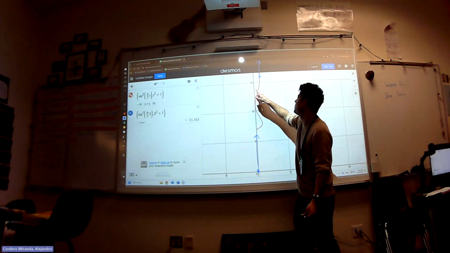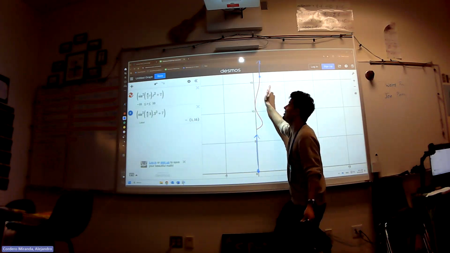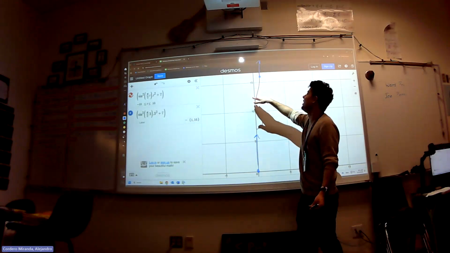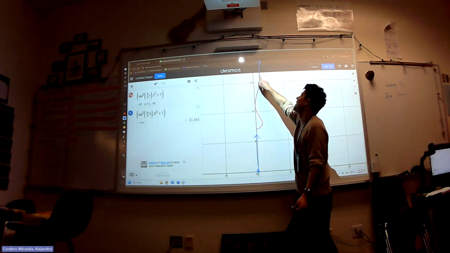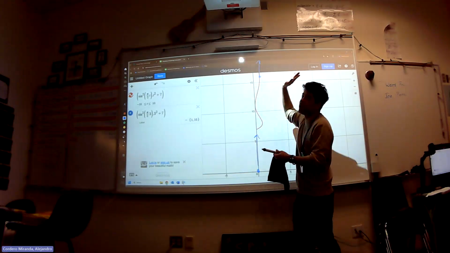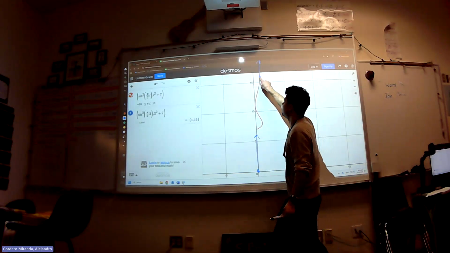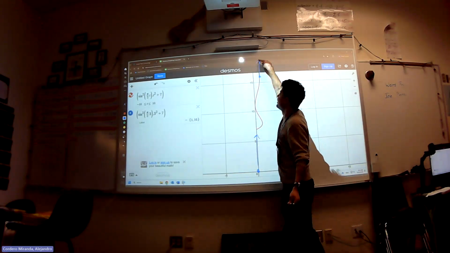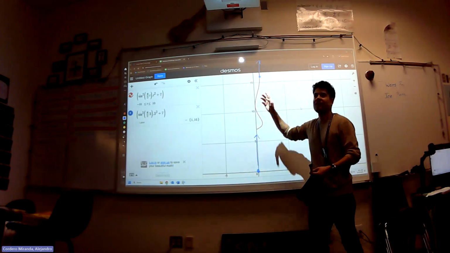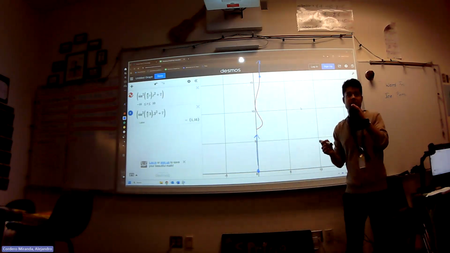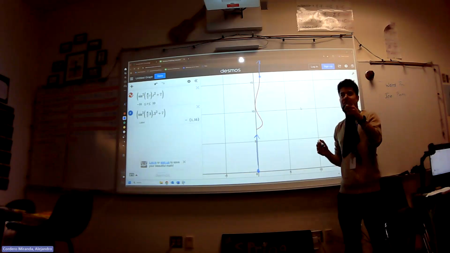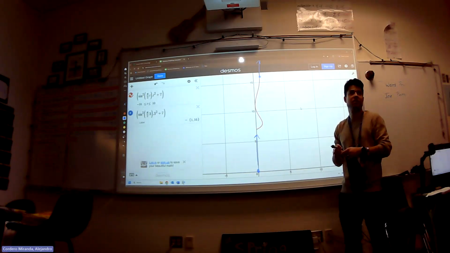Meaning if this function were to do this, then get to this point and continue in that direction, how far and in what direction would it go? And apparently, according to our answer, it would go this direction for this long. You know what I mean? It would continue for 6 more units upward, straight up.